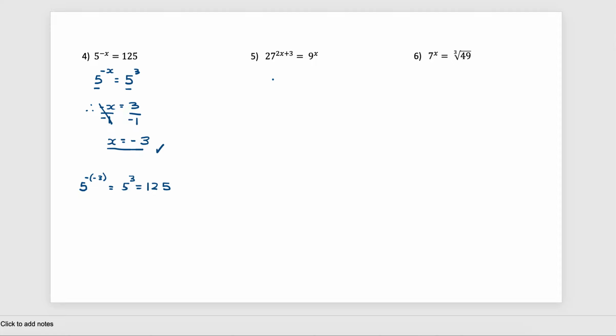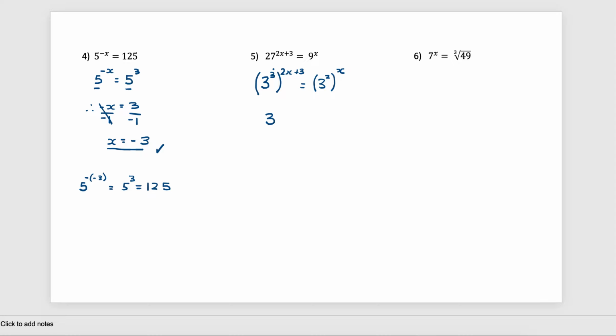Part 5, we've got 27 to the power of 2x plus 3 equals 9 to the power of x. 27, as you know, you can write as 3 to the power of 3, and that is all to the power of 2x plus 3. The 9 we can write as 3 to the power of 2, all to the power of x. Now we've got the same bases. What we need to do first is get rid of the brackets.